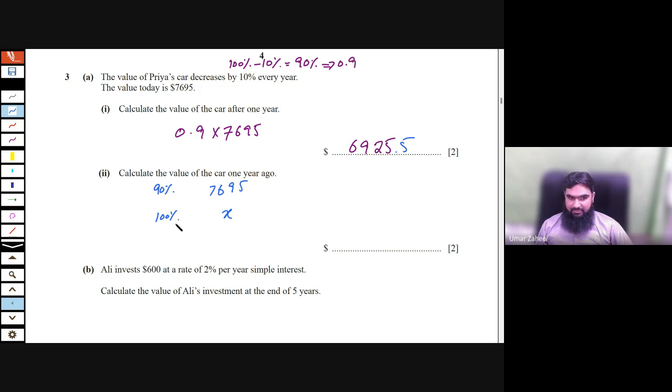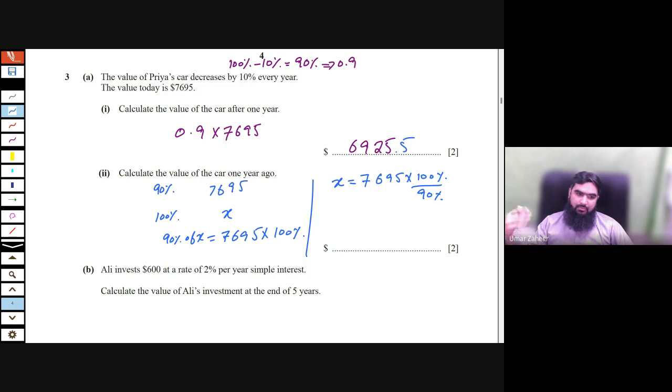Just making a cross multiplication method, we get 90% of x will be equal to 7695 multiplied by 100%, divided by 90%. And if you want to find it directly, you can. Yes, the final answer is $8,550.